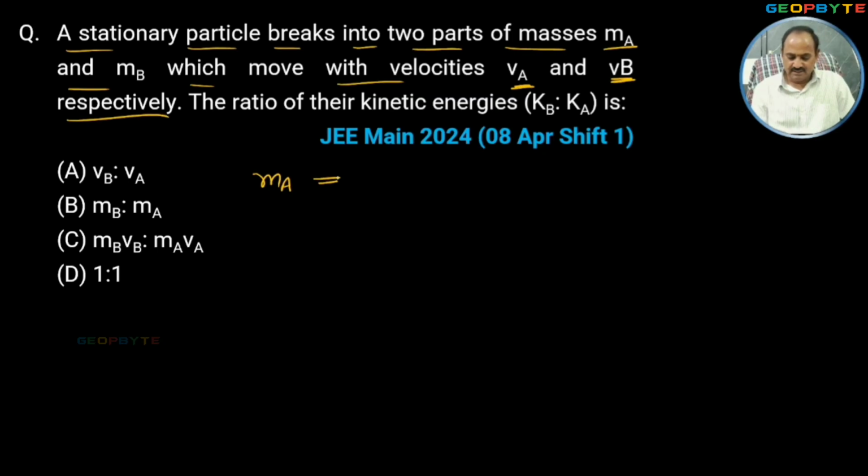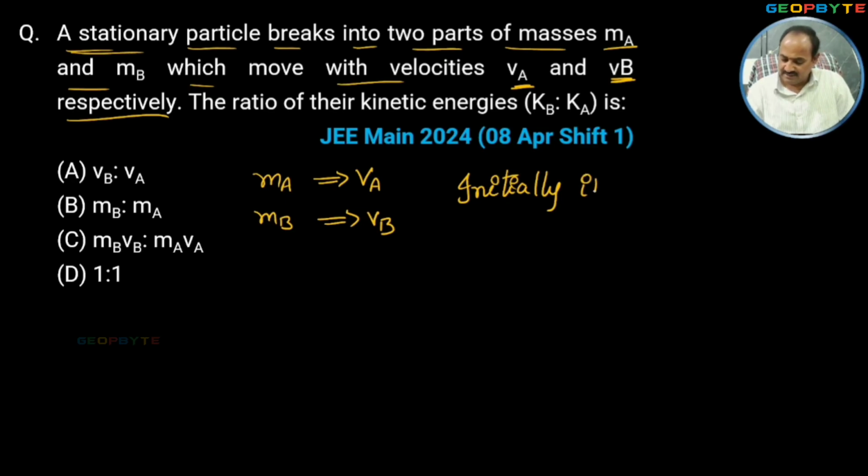Mass A velocity is va, mass B velocity is vb, but initially at rest, because it is given as a stationary particle. Initially, it is at rest.